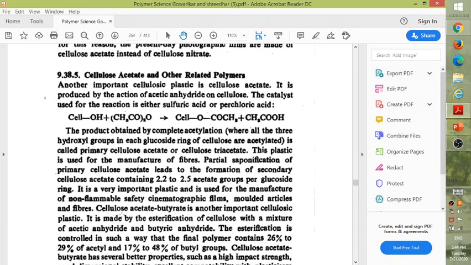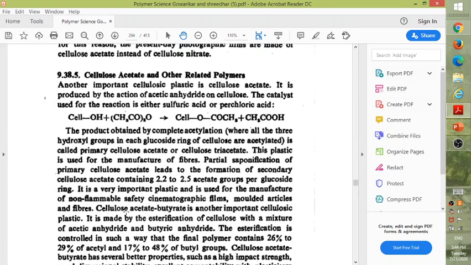So saponification is nothing but a process that involves conversion of fats and oils into soap. So if we do the partial saponification of primary cellulose acetate, it will lead to the formation of secondary cellulose acetate containing 2.2 to 2.5 acetate groups per glucoside ring.